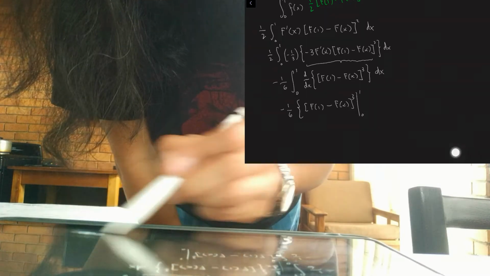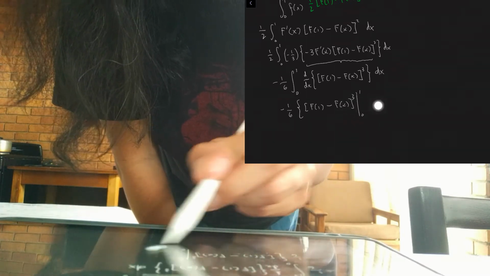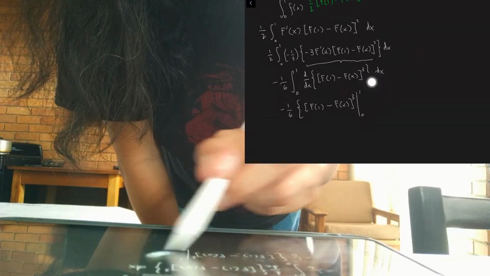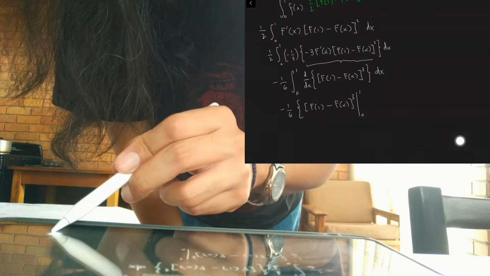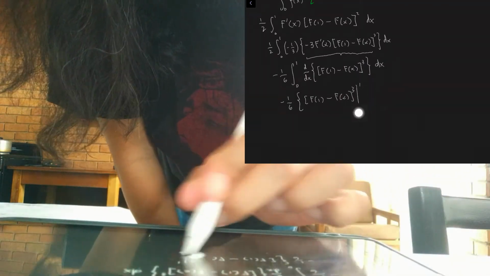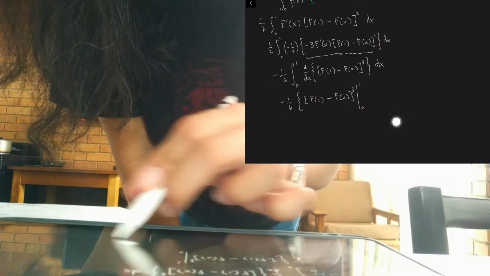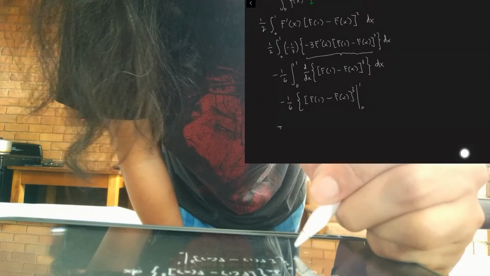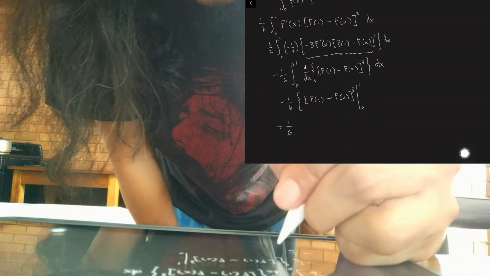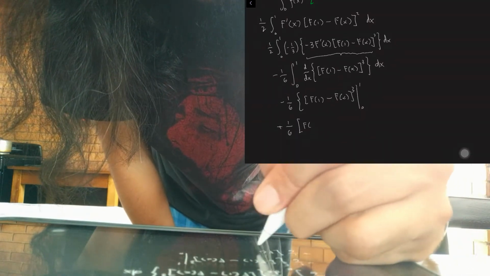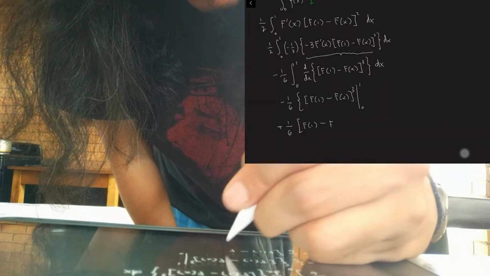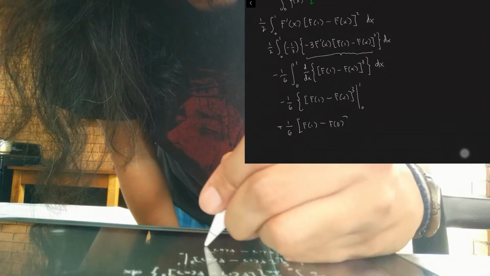So the only thing that gives a contribution is when you evaluate it at 0, because when you evaluate it at 1, you get capital F of 1 minus capital F of 1. Okay, so when we evaluate it at 0, this lower limit is minus. So therefore this whole thing becomes positive 1/6, and then you have F of 1 minus F of 0 cubed.